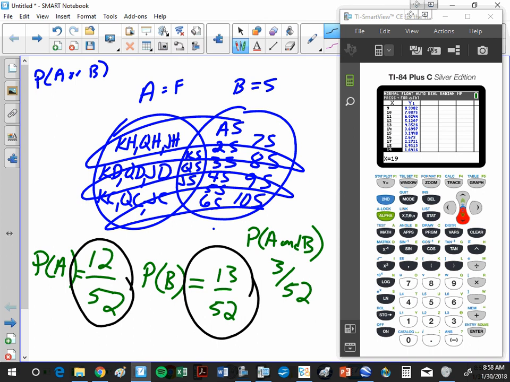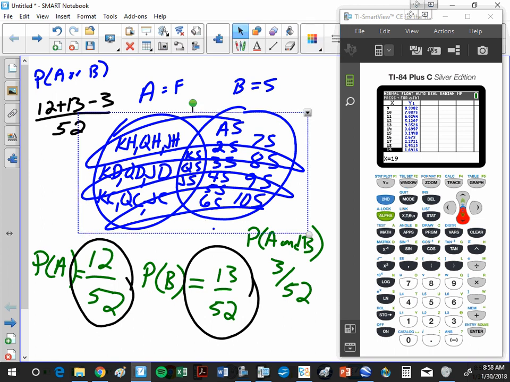So there are 12 A's and there are 13 B's. What's wrong with adding 12 and 13 together? 3 cards get counted twice. So it's going to be 12 plus 13 minus 3 over 52.